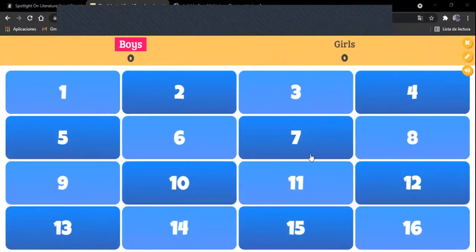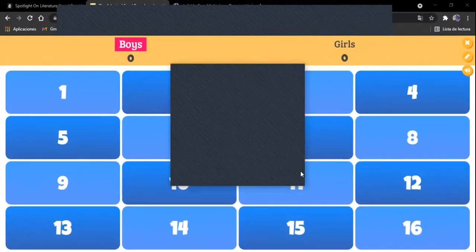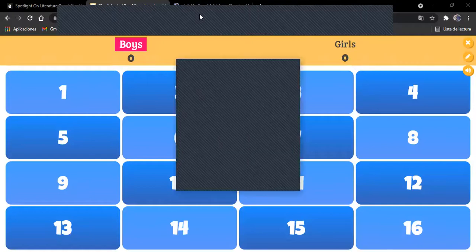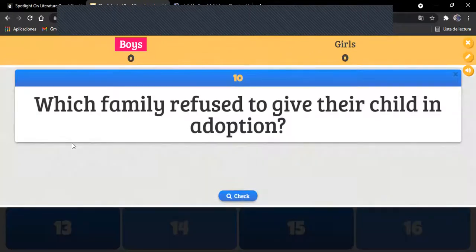On the boys' side, we have Victor, Gabriel, Ángel, and Alessandro. Let me see. Daniel says number 5. Okay, which family refused to give their child in adoption?